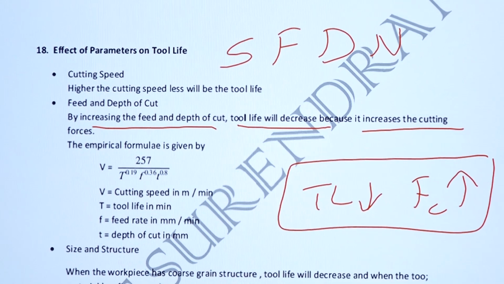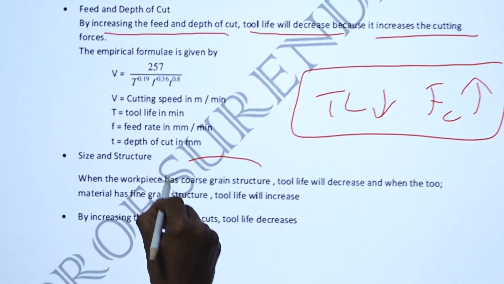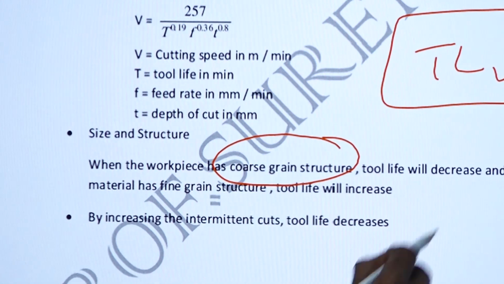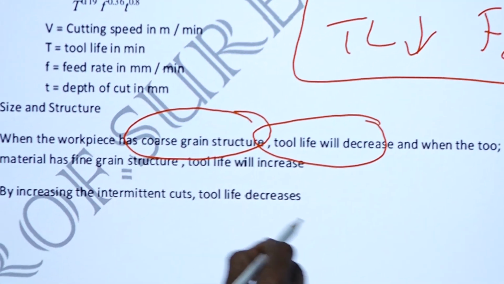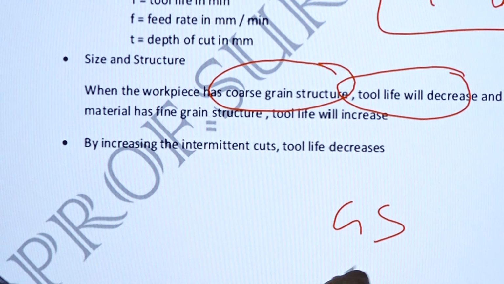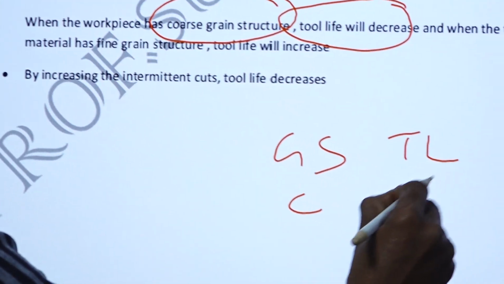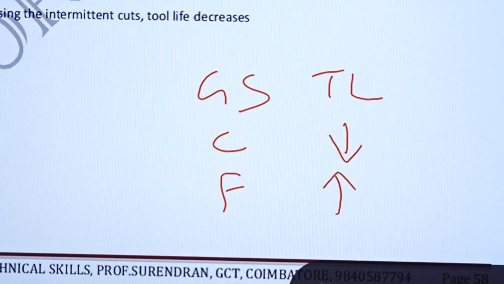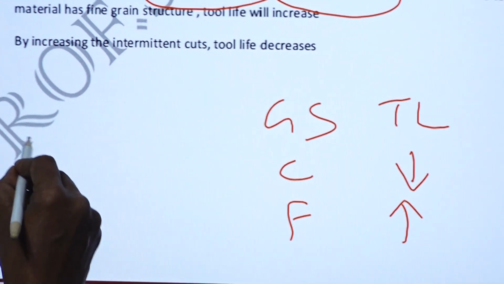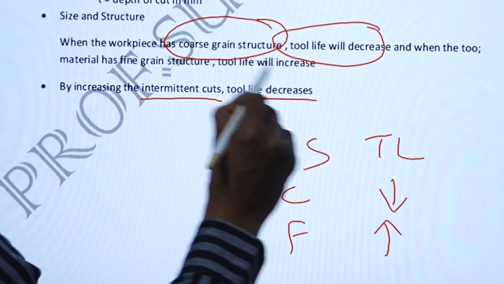Coarse grain structure in the workpiece means tool life will decrease, while fine grain structure means tool life increases. Because of the increment in cut, tool life decreases.